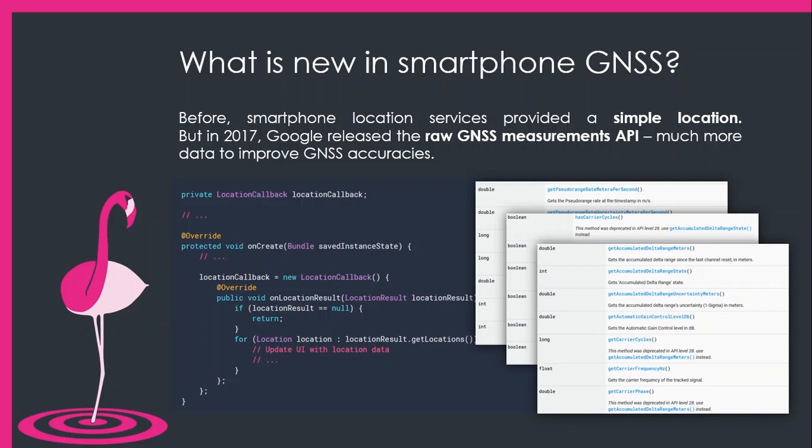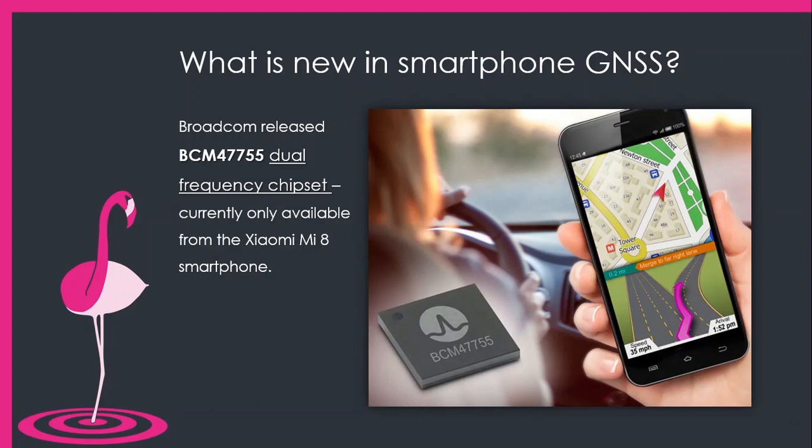What we have had access to since 2017 is an API known as raw GNSS measurements, which is being delivered from Google, and it allows us to collect the different measurement data you can get from the satellite navigation systems, and we can utilize that in the best way to improve GNSS accuracies on board the smartphone. So you can get pseudo ranges and carrier phase and signal to noise ratios of the actual GNSS signals themselves.